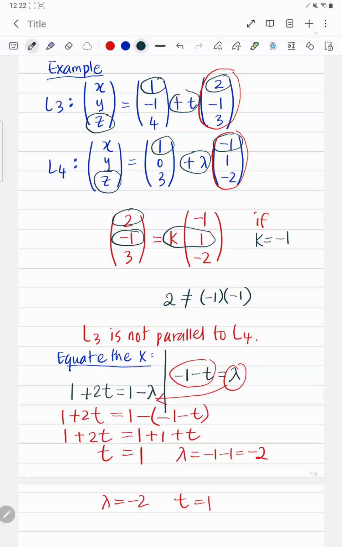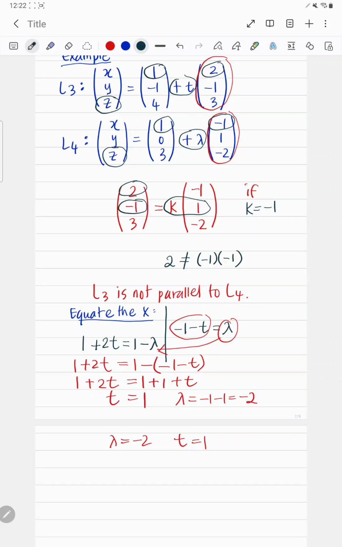So the third equation, when we equate the z coordinate, is 4 plus 3t equals 3 minus 2 lambda.